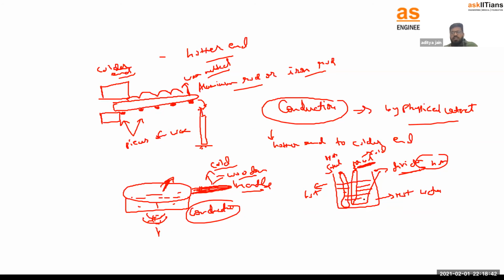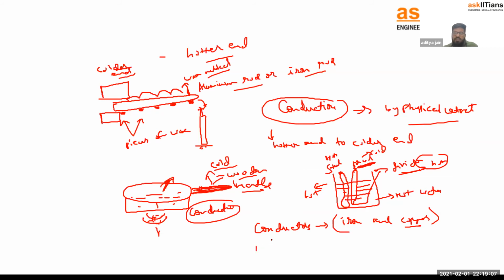So what are conductors? The materials which allow the transfer of heat through them. Examples of conductors are iron and copper. You can also see the electric wiring in your house is made up of copper, because copper is a good conductor of electricity, or heat as well.